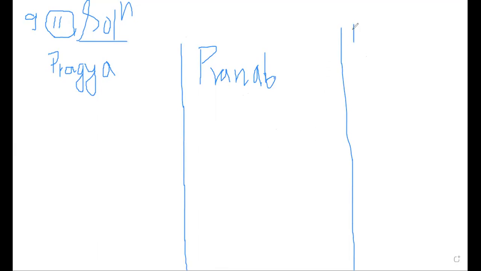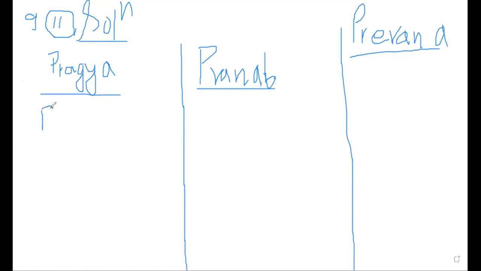The third person is Prerna. There are three persons. Question number one also you can make like this. And first of all, the question is asking, Pragya is selling to Pranav at which profit percent?